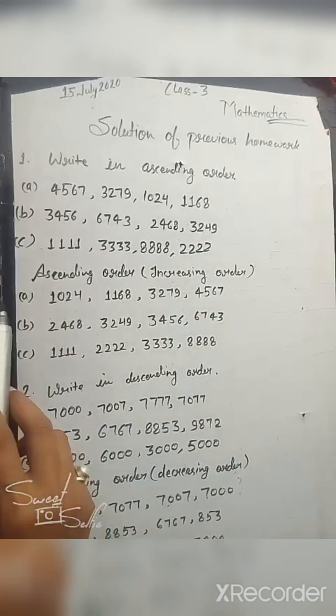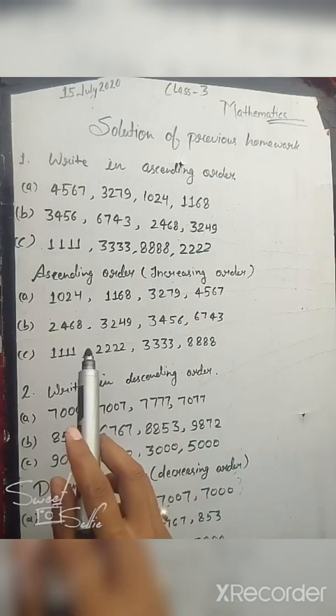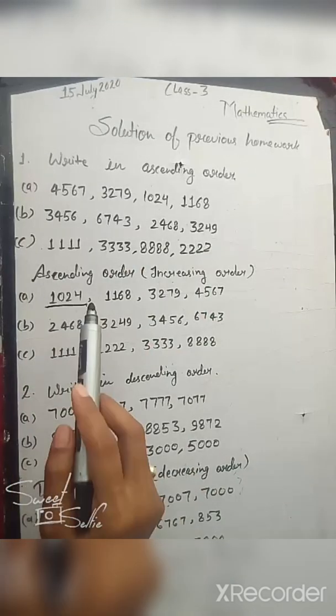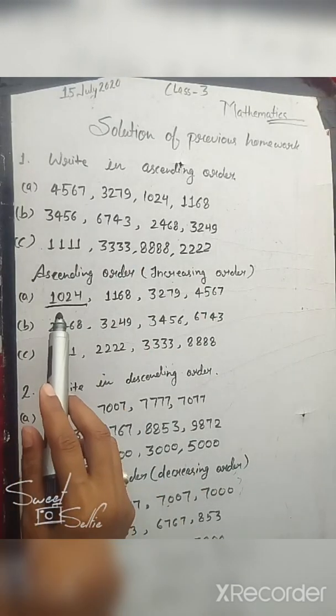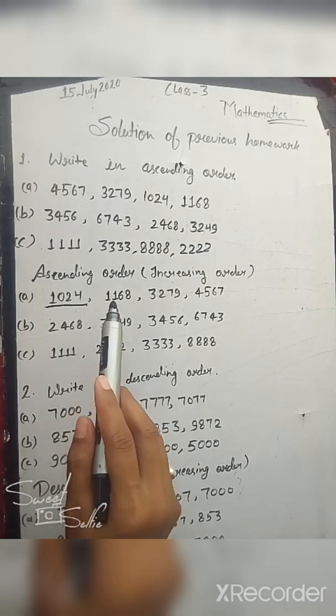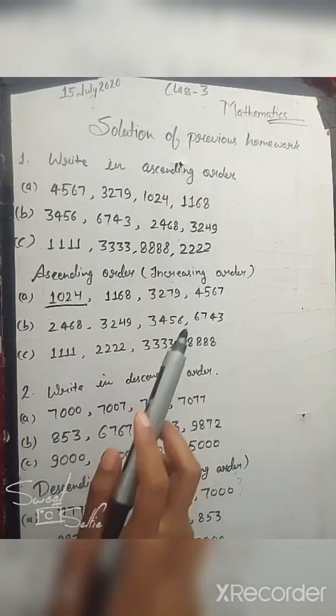So ascending order of these numbers is: smallest number among these numbers is 1024, so we will write 1024 firstly. Next smallest number is 1168.